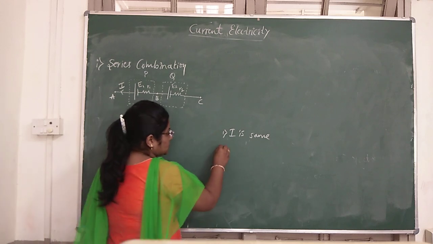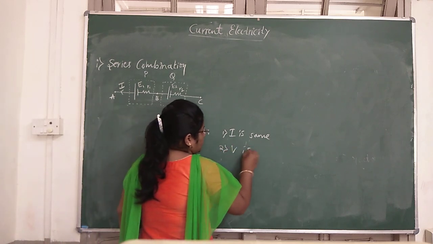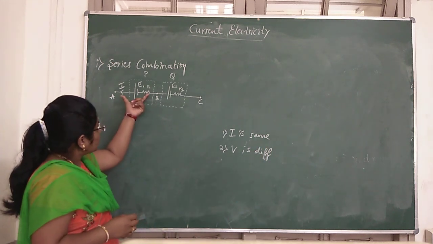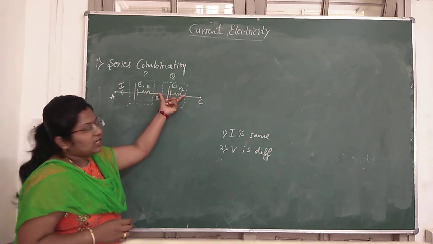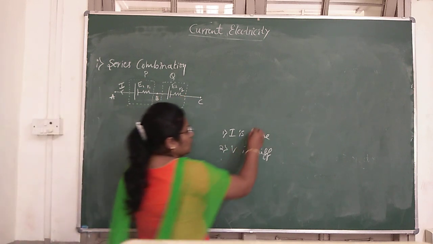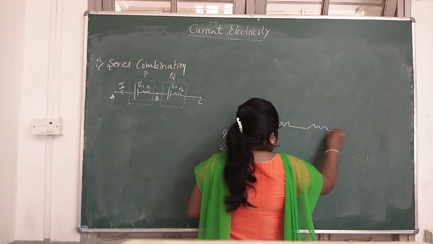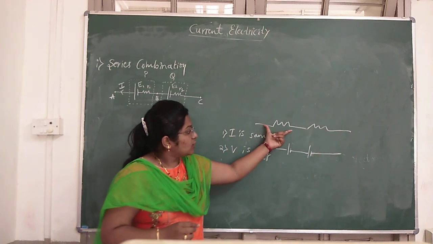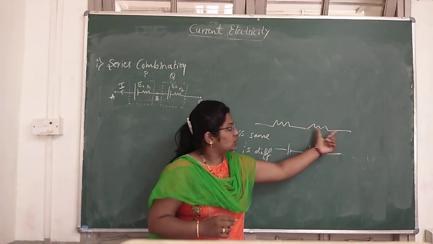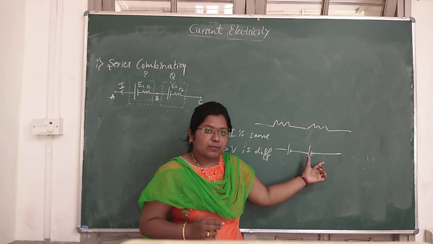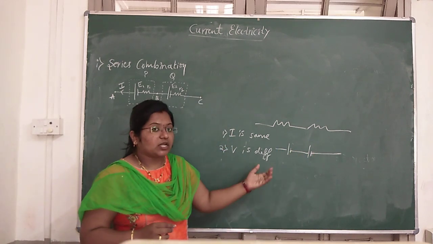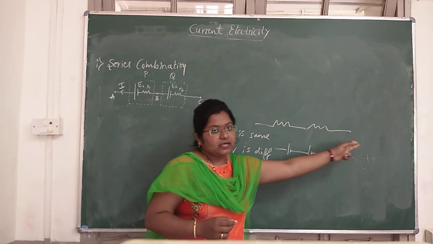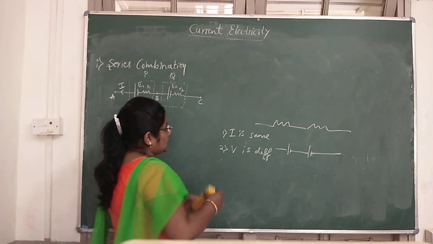But the potential difference is different, because in series combination we will have end points for every circuit element. We will have two different end points, and with respect to them we will have different potential differences. That's why V will be different and I will be the same in the series combination.